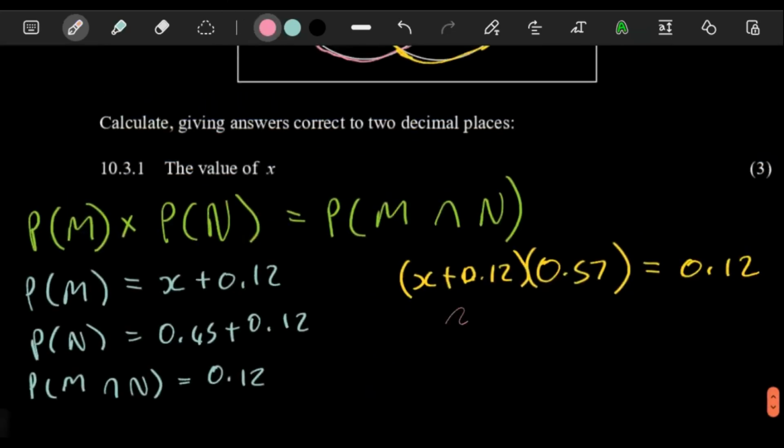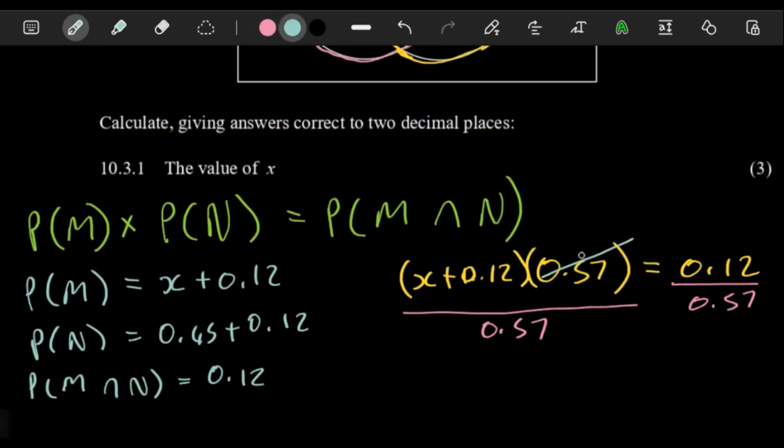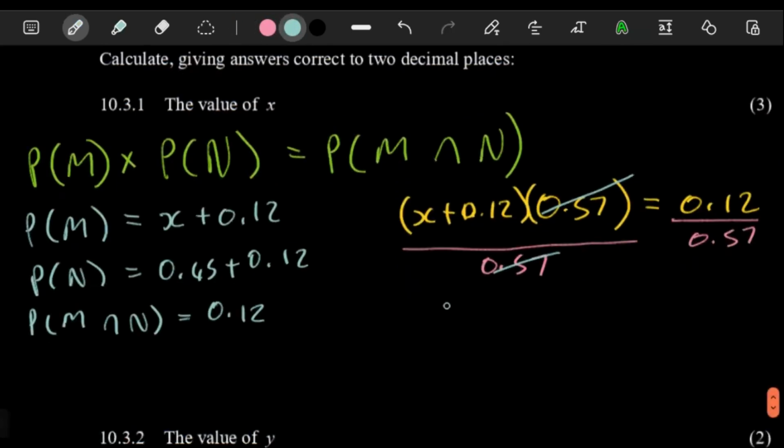Solving for x here, we can just divide by 0.57 first on both sides. This cancels that, and we have x plus 0.12 on one side, and 0.12 over 0.57 on the other, which is 4 over 19.